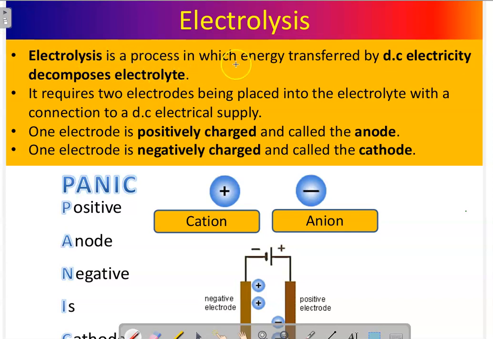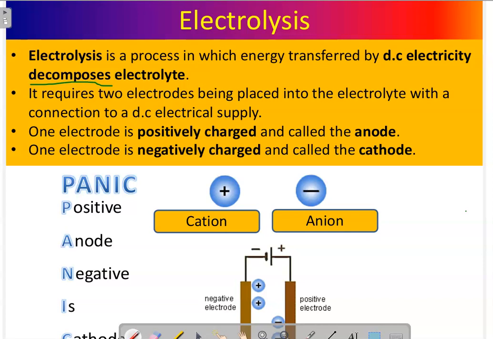Electrolysis is a process in which energy transferred by DC decomposes an electrolyte. Okay, so what we do in electrolysis is that we break down an electrolyte by passing electricity through the electrolyte. Remember that an electrolyte is an ionic compound that is either molten or dissolved in water.